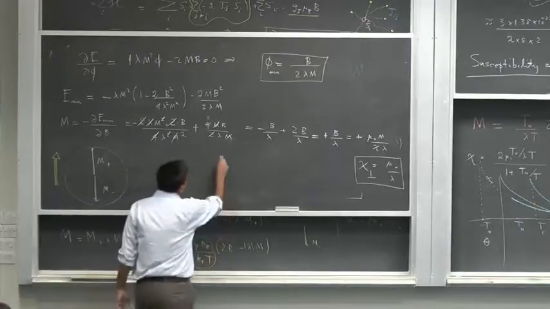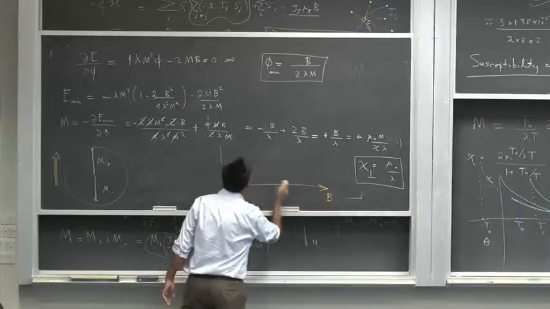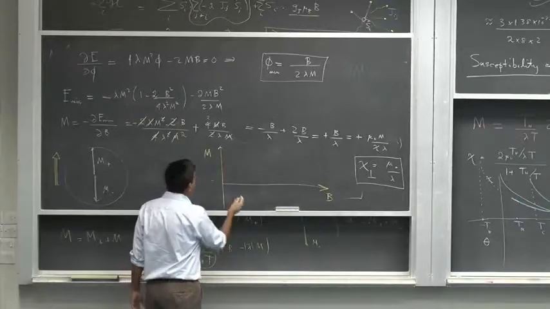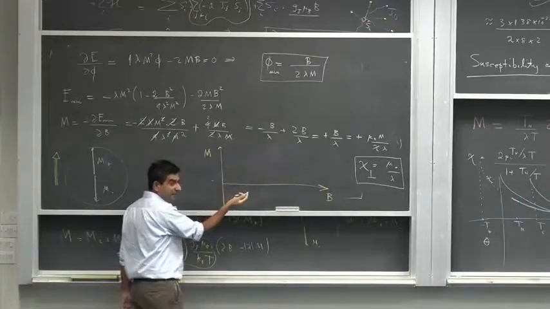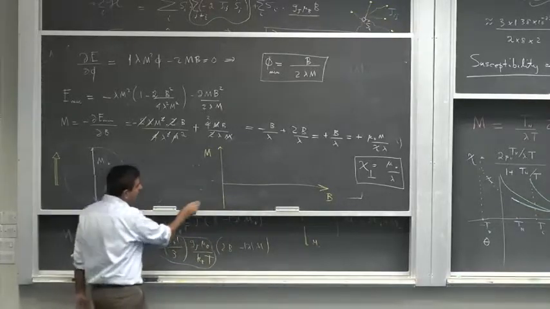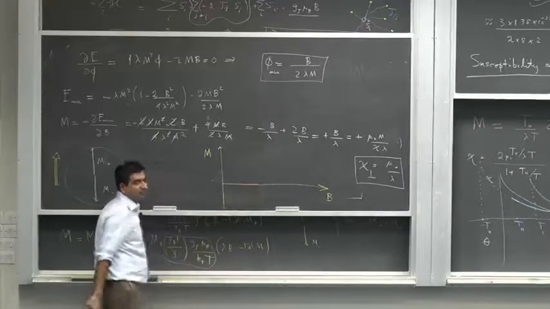What I would like to see is what happens with magnetic field to the magnetization. Of course, you're at 0 Kelvin, so the susceptibility is 0 for this configuration. So the magnetization doesn't build up because the susceptibility is 0.